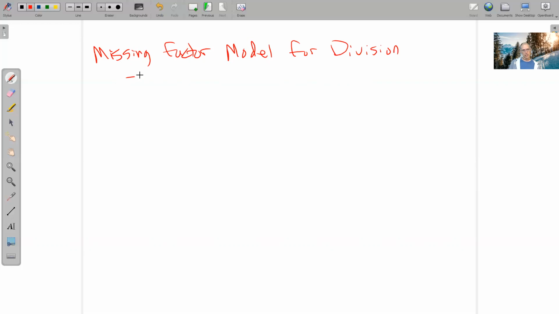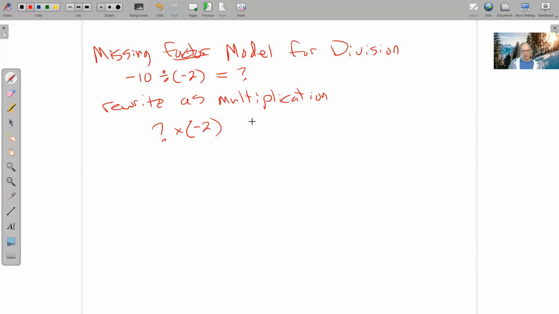So if I just try to take -10 divided by -2, I would say, okay, that equals what? Question mark. We rewrite it with a factor, which means multiplication. So when I rewrite it as multiplication, as the missing factor model says, that would say what times -2, in parentheses, is equal to -10.